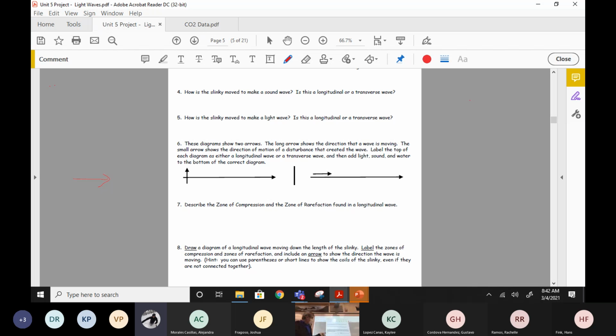Like if you were at the lake, the beach would be over here, and the wave is coming in towards you. But the disturbance that created the wave either went perpendicular to the direction the wave is moving, it went across the wave in other words, or the disturbance went in the same direction as the wave.